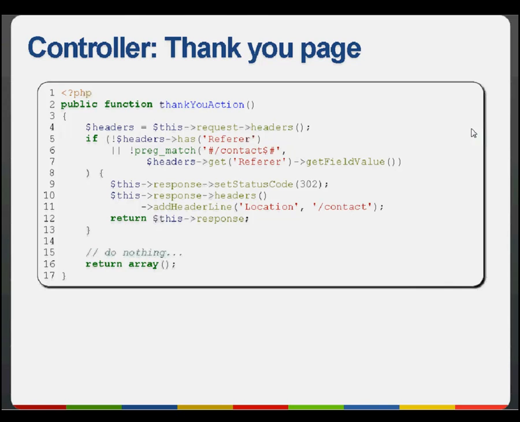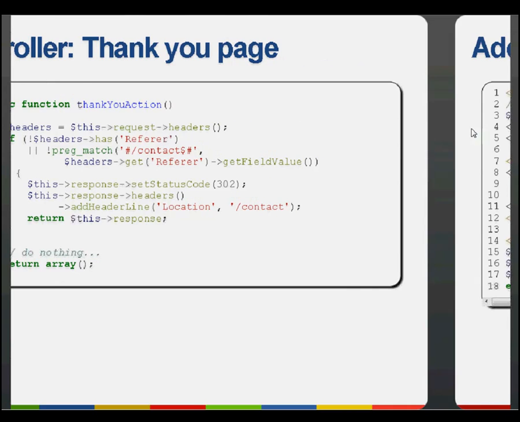The default status code for the redirect helper is 301, so we're doing this manually here. We add our header line, and then we return the response. Otherwise, we do nothing. And by returning an empty array, we will be triggering a view to actually create a view model and have it resolve via the default rules, which will say controller/thank-you.